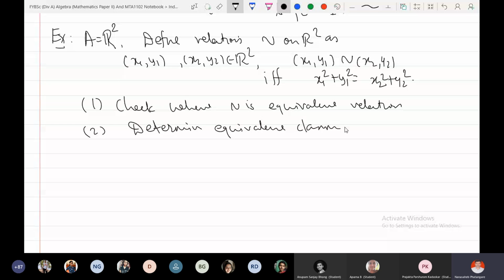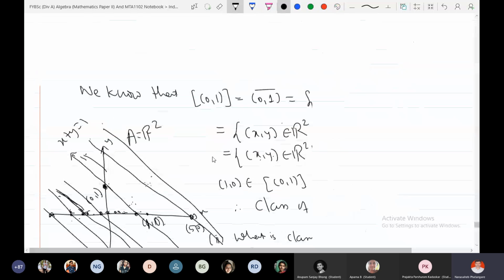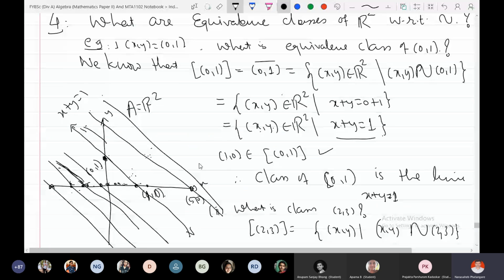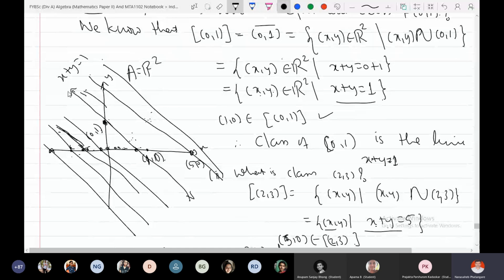Repeat all the previous things for this particular relation, and sketch, draw the classes.